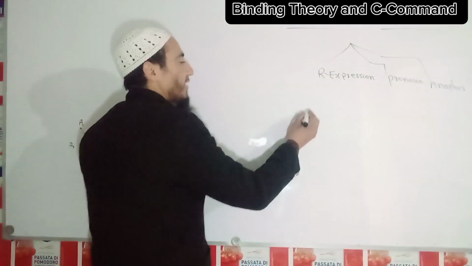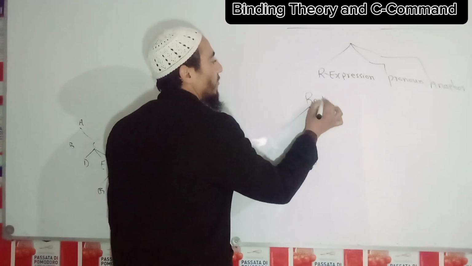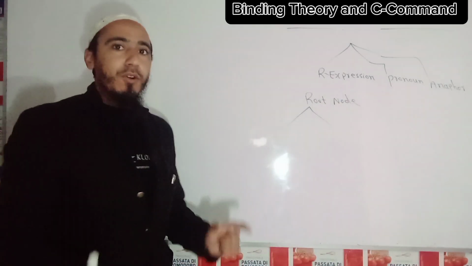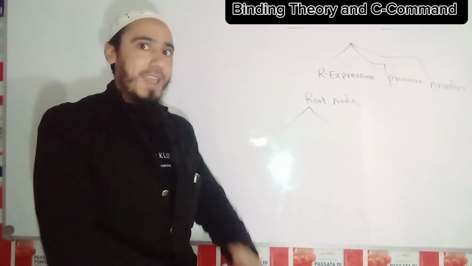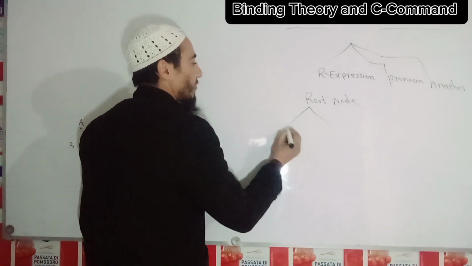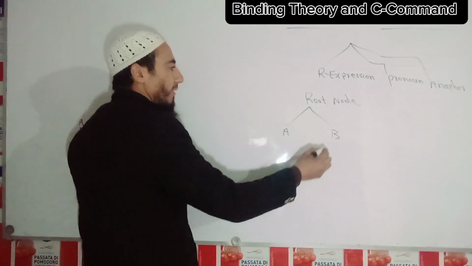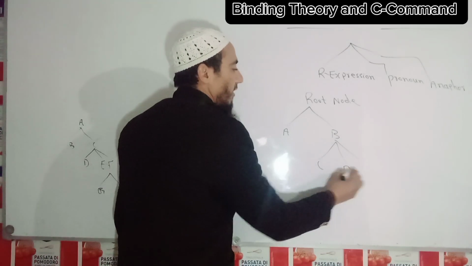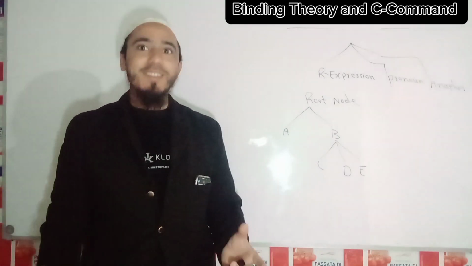In structural relations, I told you that we have a root node. The root node is a node from where all the nodes extend. In the root node we also have, for example, A and B, and then we also have C, D and E. This root node is also known as a sentence.